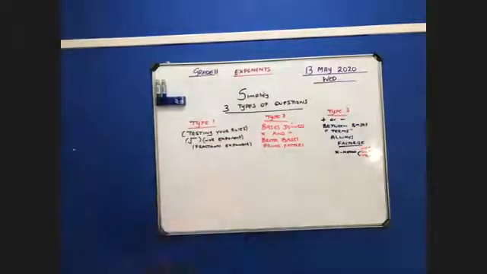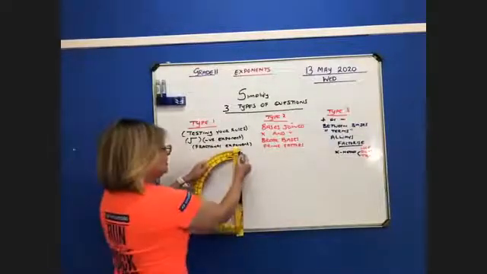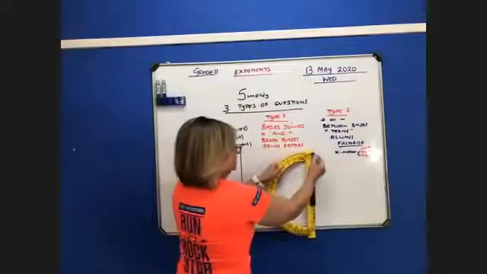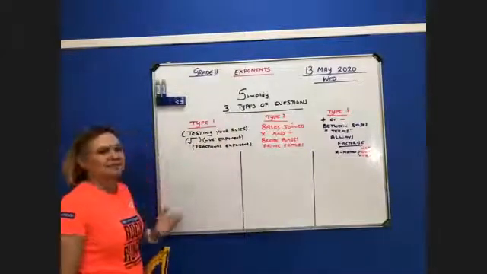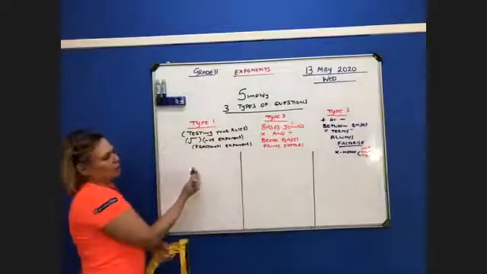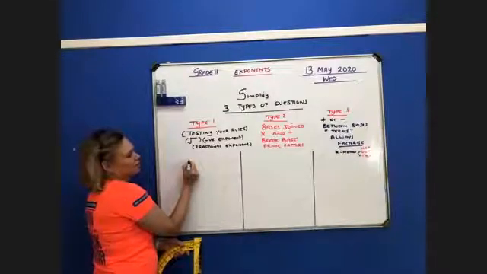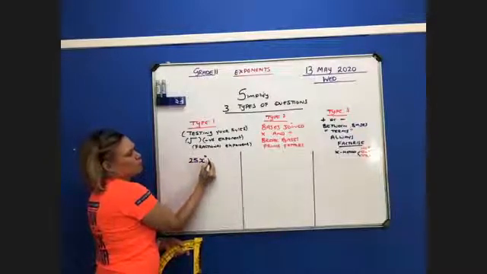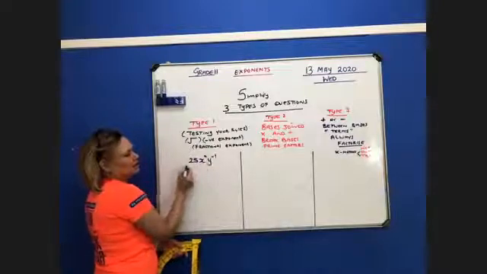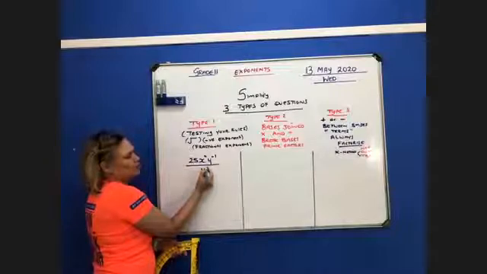Okay, so what I'm going to do is I'm just going to give you one type 1. I'm going to make it up just so you can remember what I'm trying to say. So, for example, you might have got, I'm making this up, but let's just go 25 x to the 4 y to the minus 1 over, let's say, y to the 3.